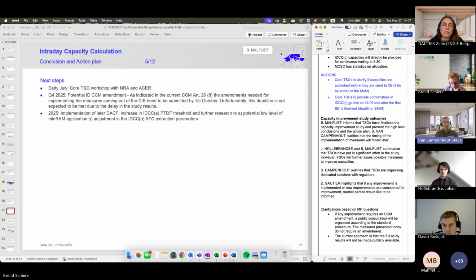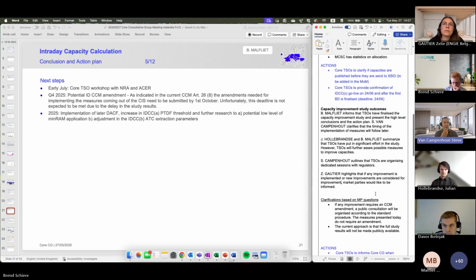So that's the challenge that we have explained before, the challenge of parallel processes. And this is the further study work that we are doing. And this is actually the motivation to look into applying a small level of virtual capacity. It's to be able to have this proxy for the missing remedial actions and solving the pre-congestions.